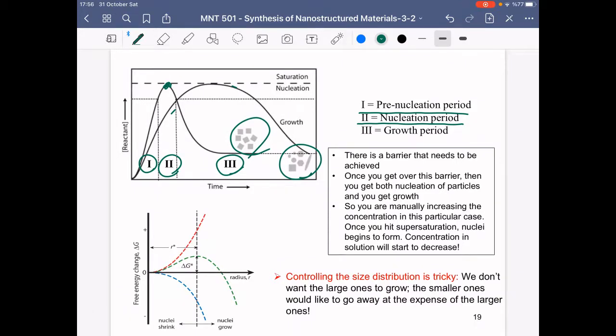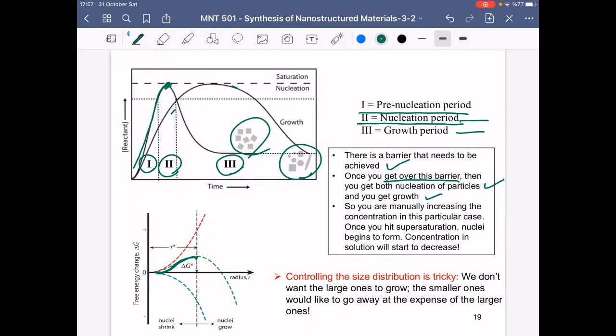So the things to keep in mind, I tried to give bullets here. There is a barrier that needs to be achieved. This whole thing is my barrier. I need to get over that. Once you get over this barrier, you get both nucleation of particles and growth, these two phases here.